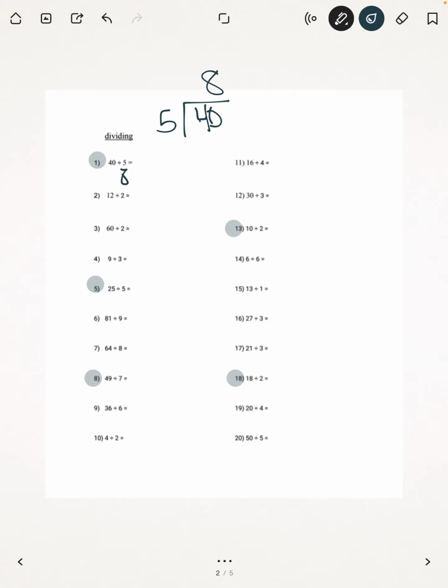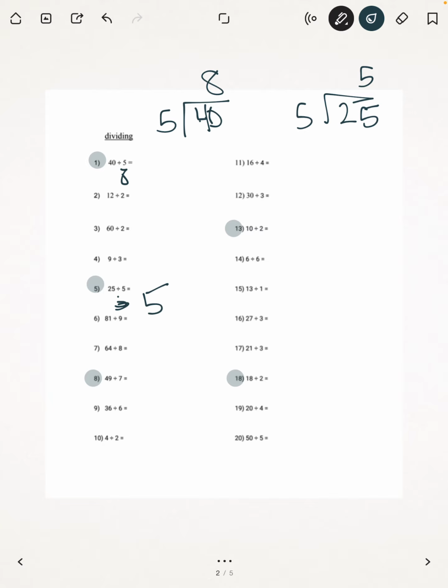25 divided by 5. We set it up like 5 divided by 25. And see if 5 goes into 2, which doesn't, so we have to do it through 25. 5 times 5 is 25, so this one's 5. 49 divided by 7.